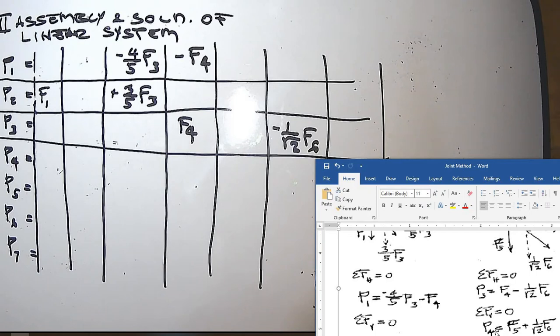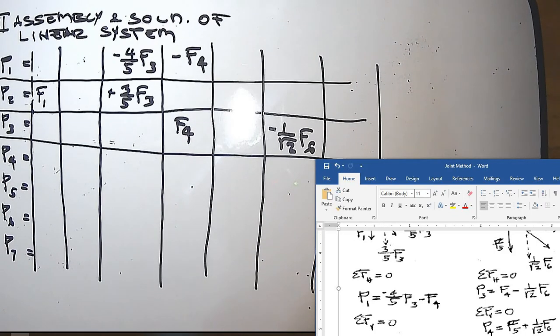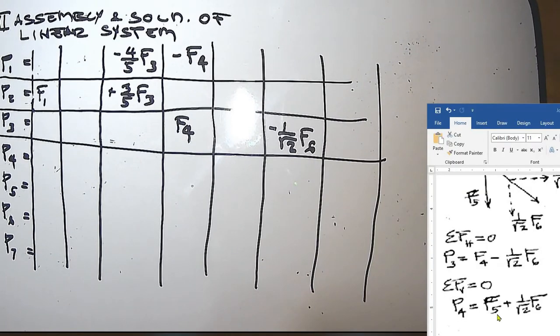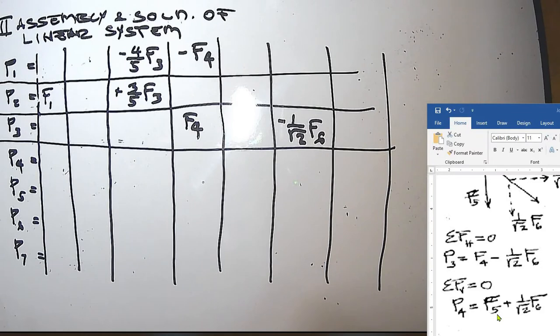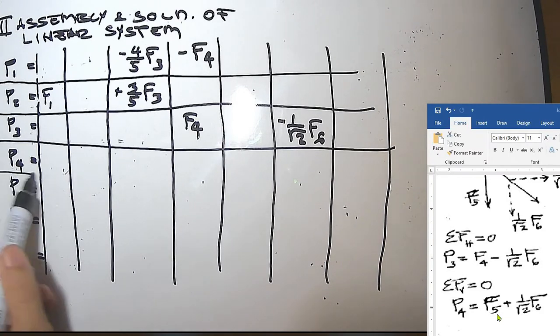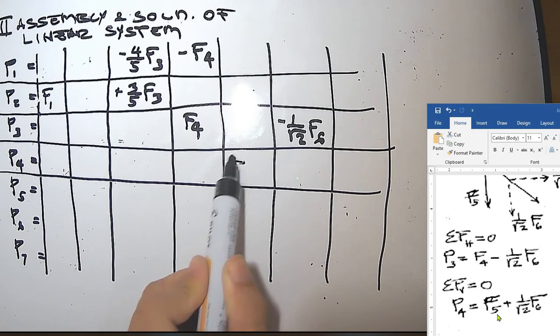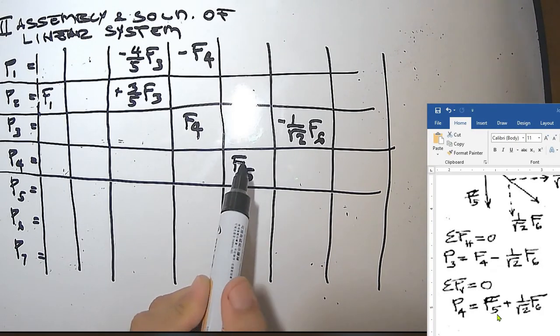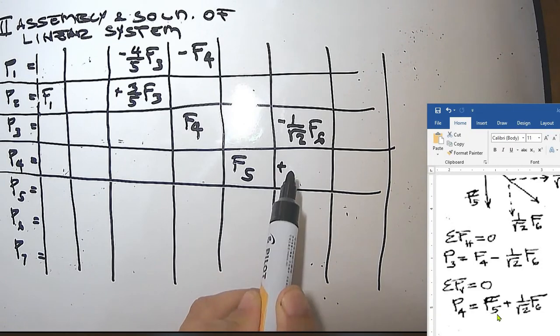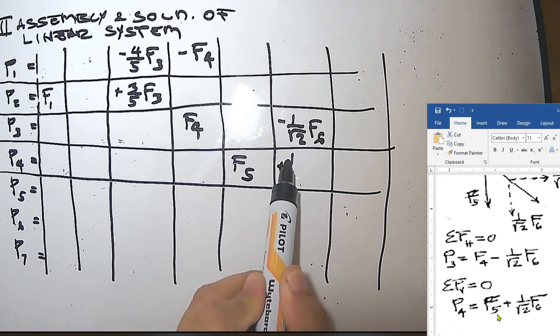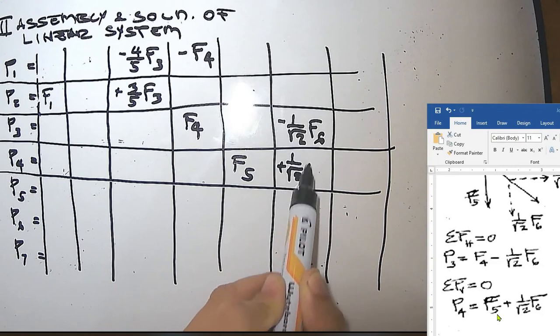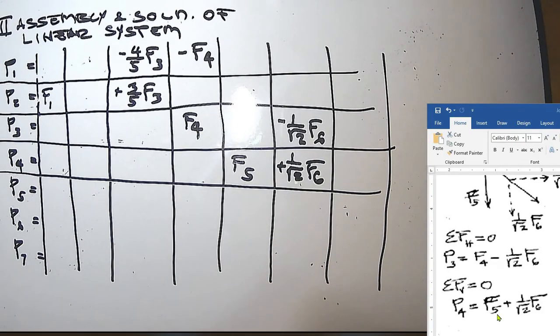Next, punta na tayo ngayon kay P4. So, si P4, that is F5 plus 1 all over square root of 2 F6. Ayan. So, si P4 is F5. Nandito siya. F5 plus 1 all over square root of 2 F6.